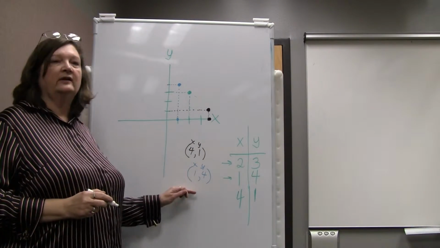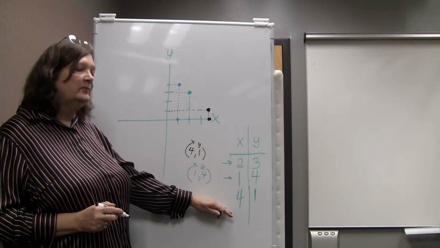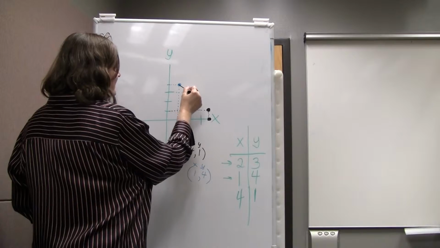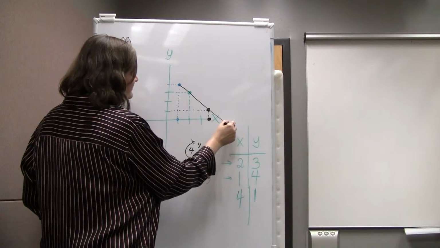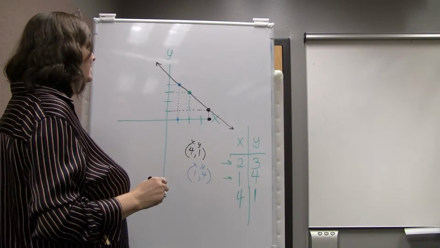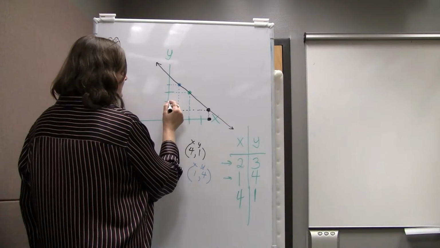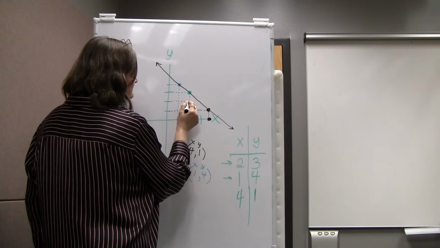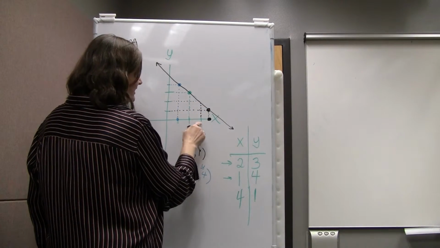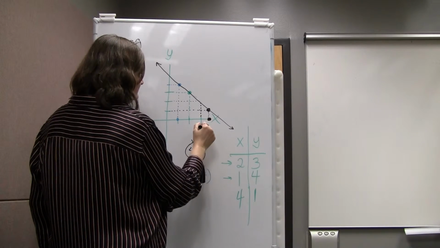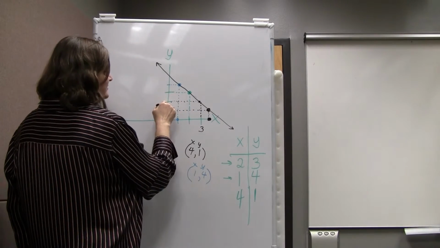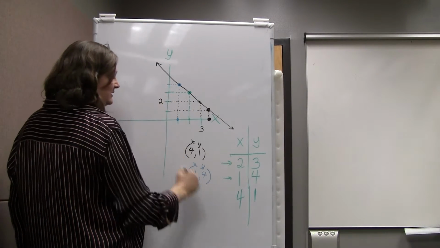We can keep going. We can come up with an unlimited number of points on this graph. All I'm going to do now is draw a line through them. And if I wanted to, I could come over here and come down here and say that, gee, when x is 3, y must be 2, 1, 2.